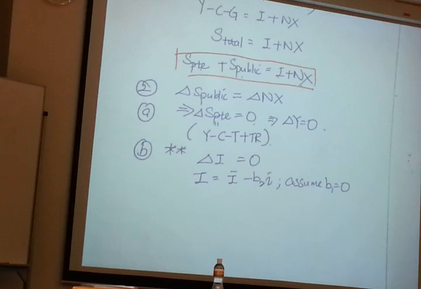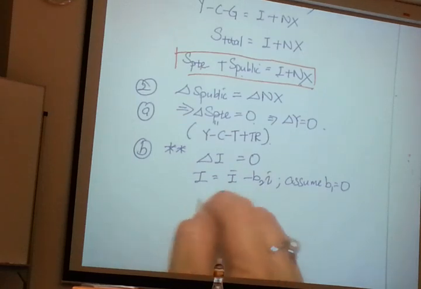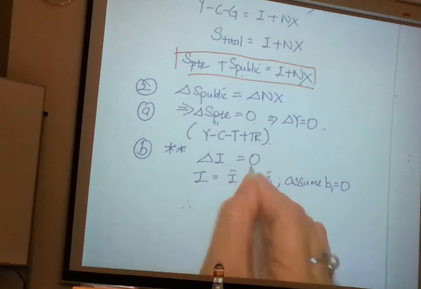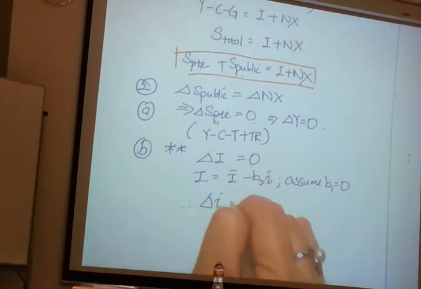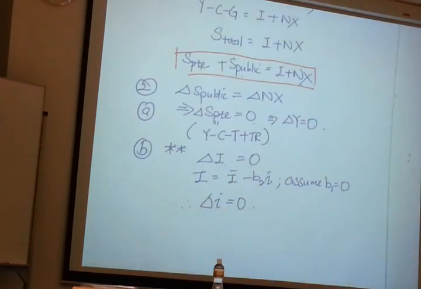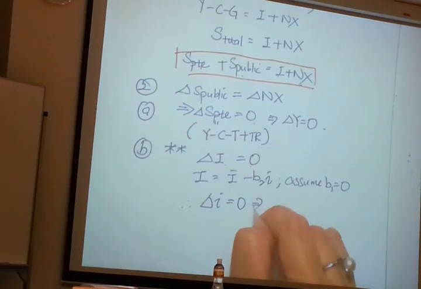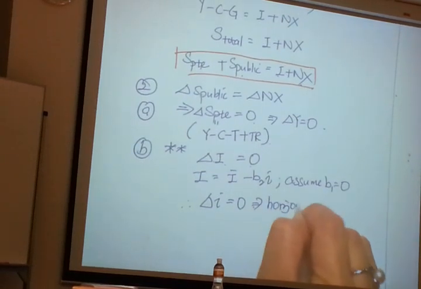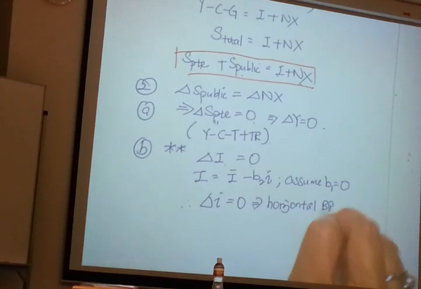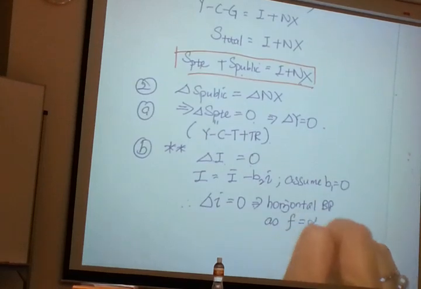You don't want to complicate I and Y in the investment function. So you hold only B2 positive, B1 0. And therefore, for change in investment to be 0, change in interest rate must be 0. And this will occur during a horizontal BP when F is infinity.